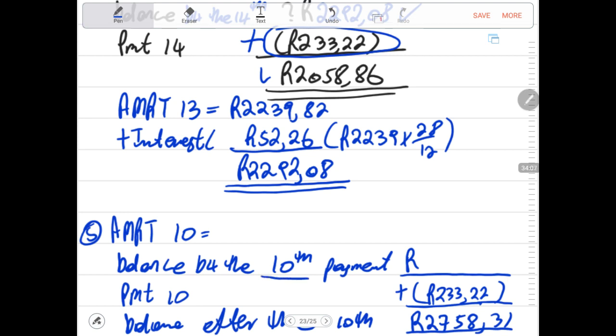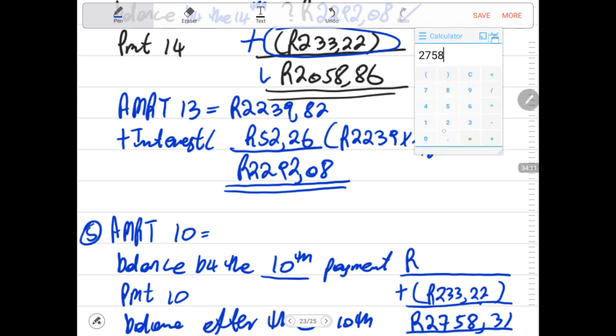So now that means my balance 2,758 rand 31 cents plus 233.22 gives me 2,991 rand 53 cents.